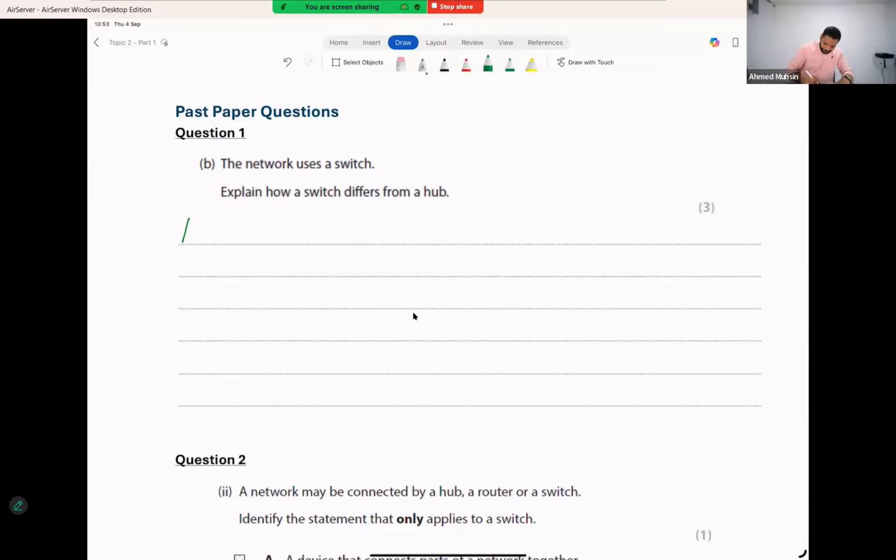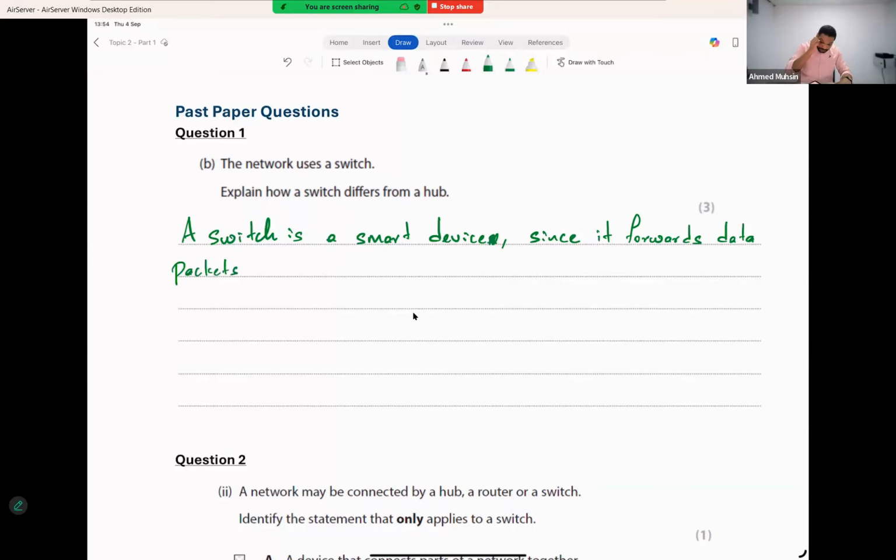A switch is a smart device since it forwards data packets only to certain devices.